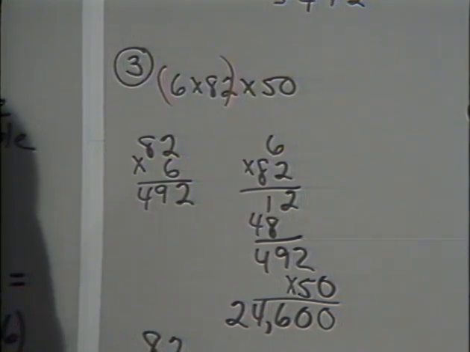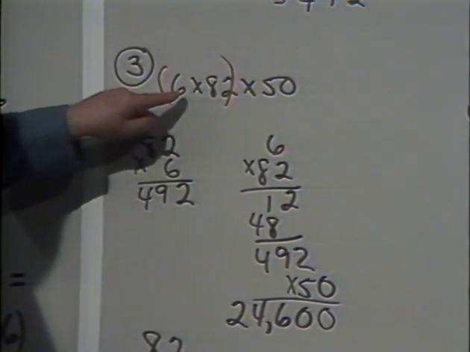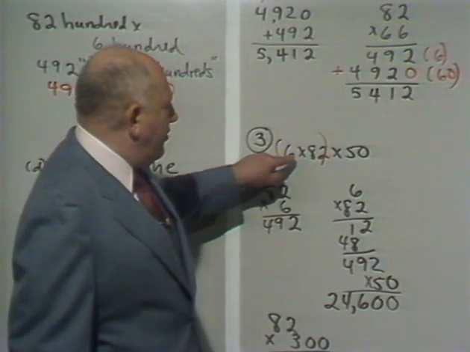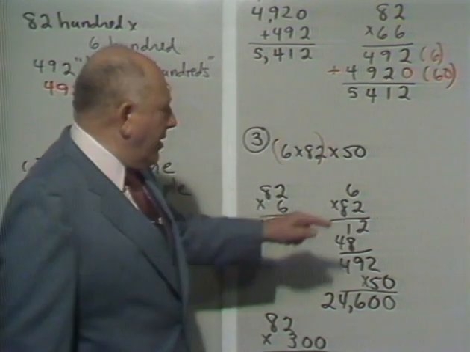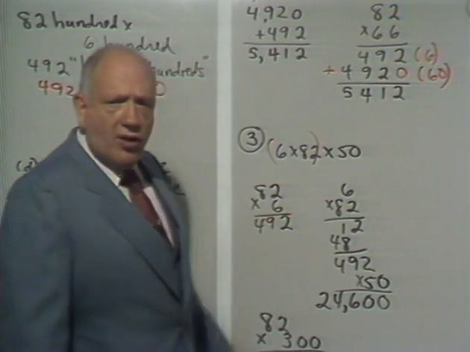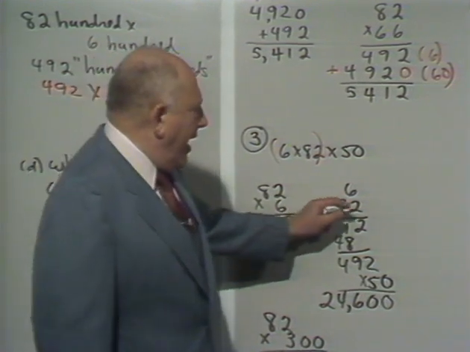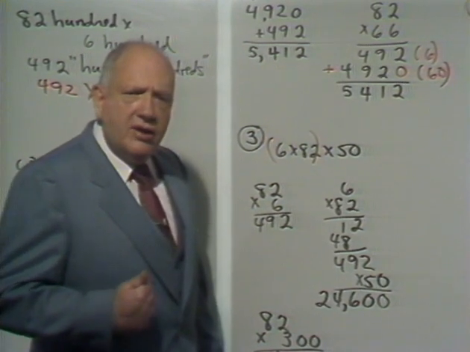By the way, for the purist, the purist says, wait a second, this is the adjective and this is the noun. The way you've written this is you want the sum of 82 sixes. Granted, that's the same as the sum of 6 82s, but didn't you tell me that the adjective has to go on the bottom? Well, that's okay if you want to do it that way. The key point is what? Every digit in the bottom number is still going to multiply every digit in the top number.